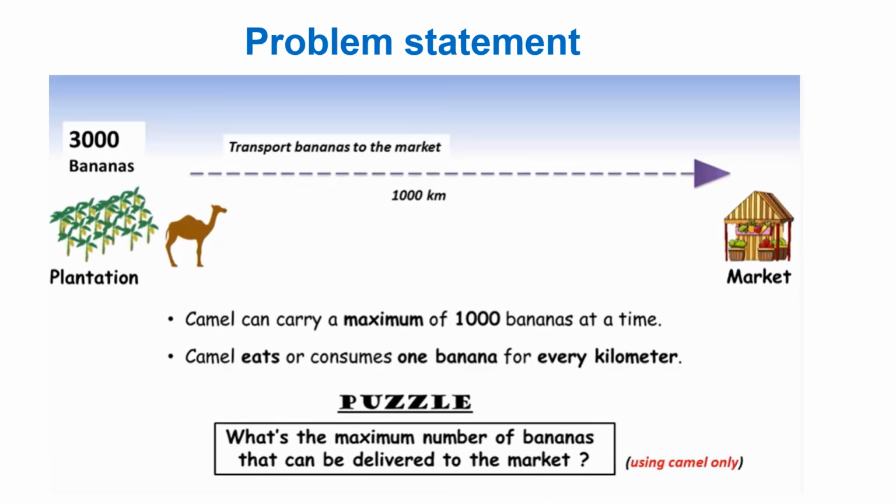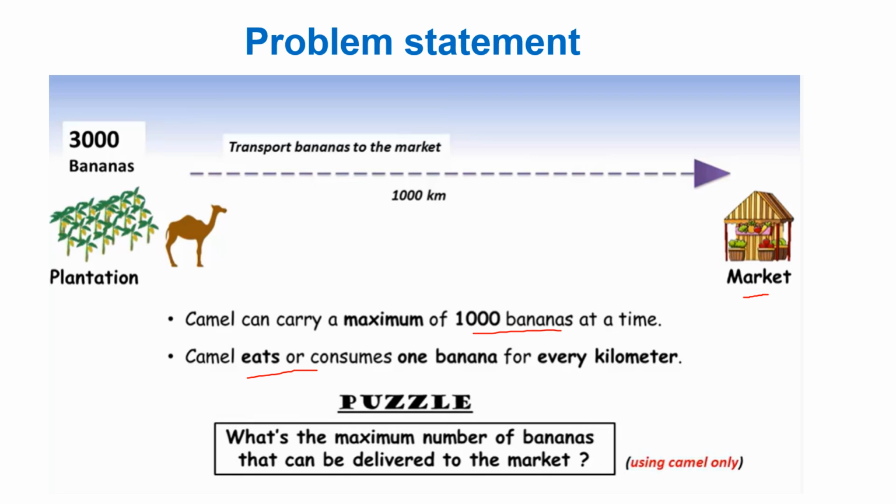In the pictorial representation, we have 3000 bananas, then one camel. The market is 1000 kilometers away from the farmer's place. The camel can carry a maximum of 1000 bananas at a time. It eats one banana for every 1 kilometer.